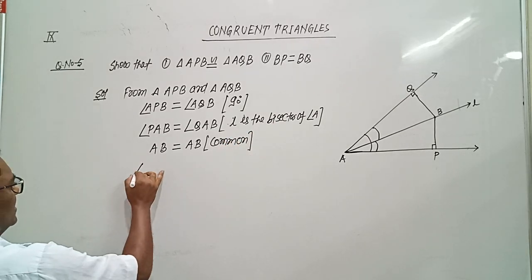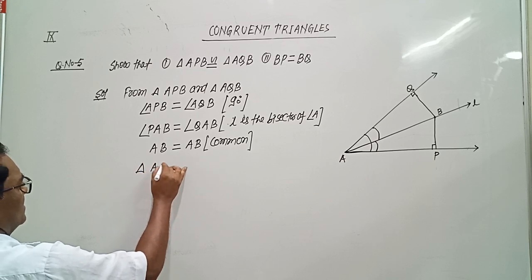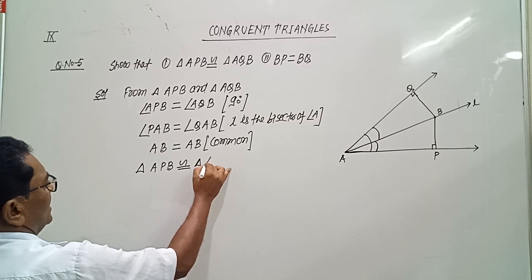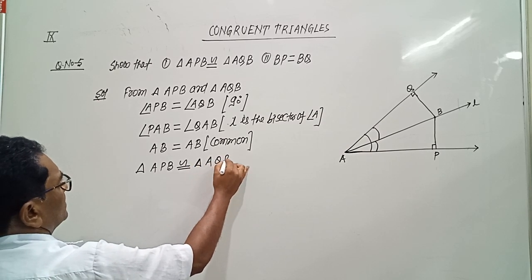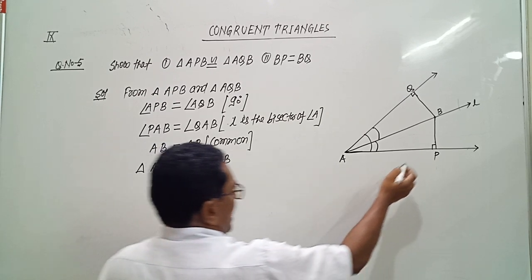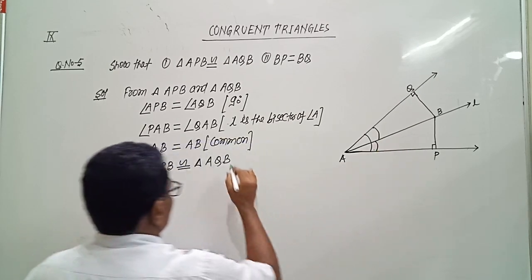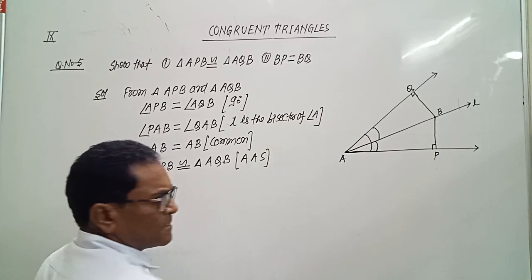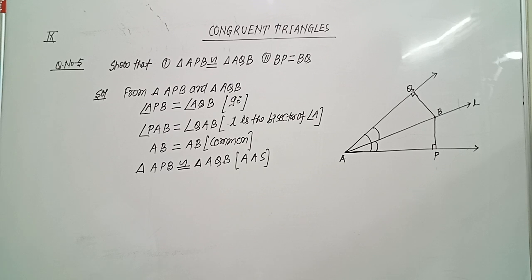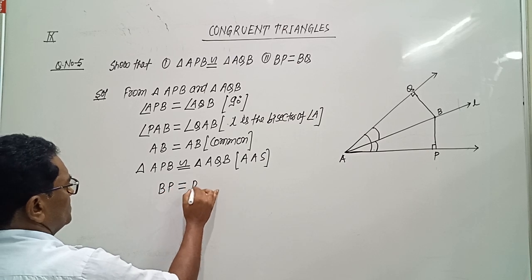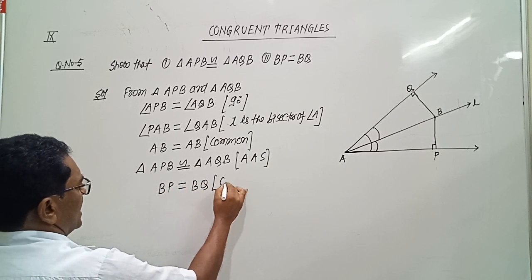Therefore, triangle APB is congruent to triangle AQB by angle angle side, AAS, and by CPCT, BP equals BQ.